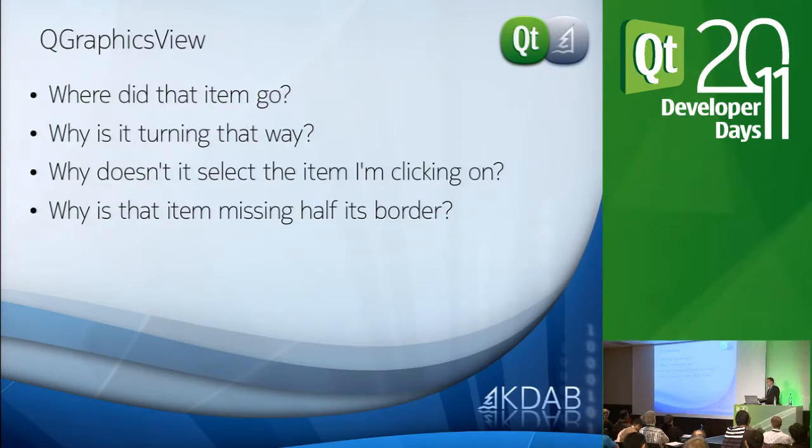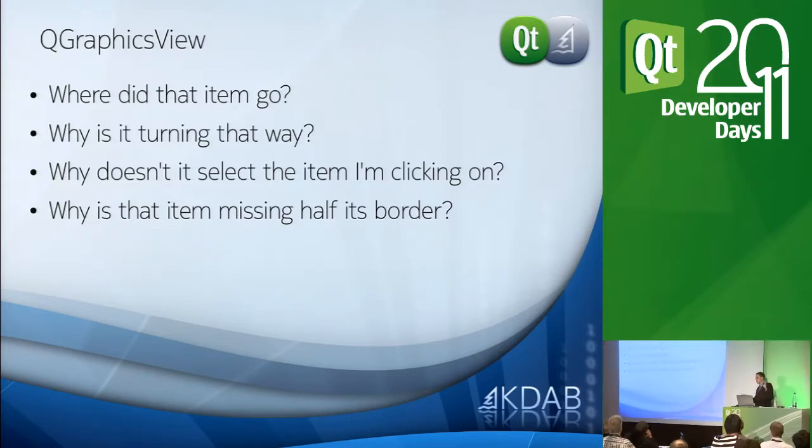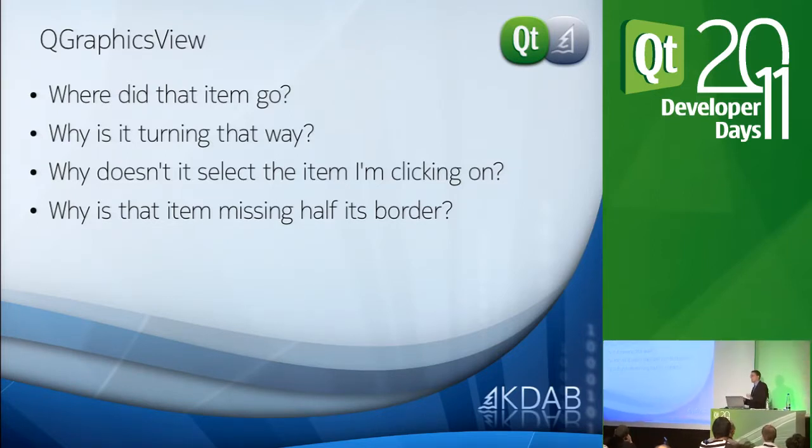So you run your application and you don't see anything. So what went wrong there? Am I drawing behind? Is my painting not working? Or have I just done a wrong transformation? So it would be nice if I can actually zoom out and look at everything there, find my items no matter where they are, look at their properties, look at their transformations.